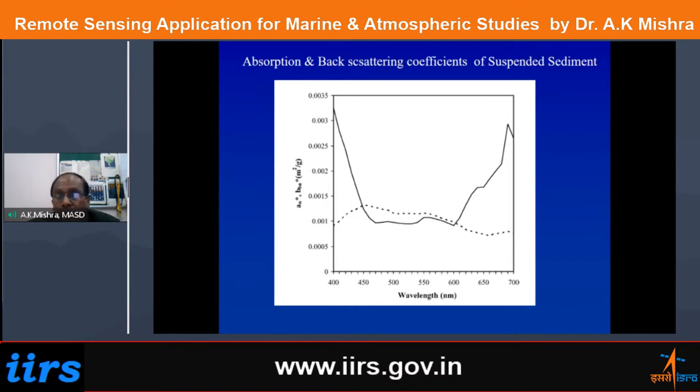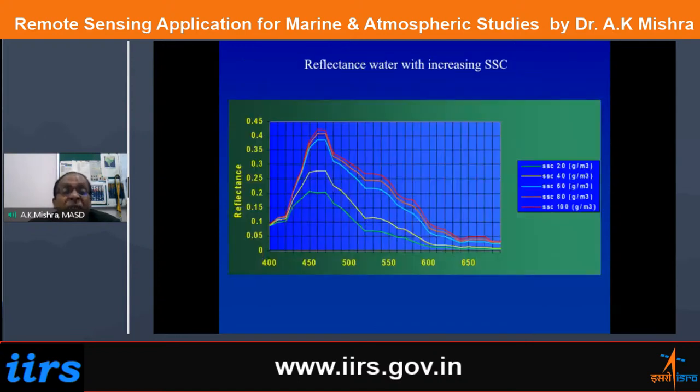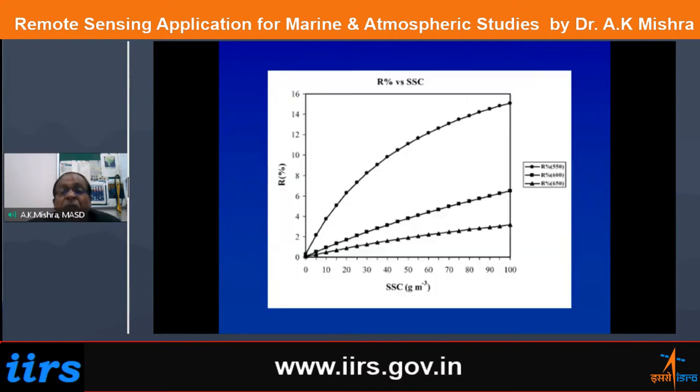When you add sediment to the water, you will get reflectance spectra for varying suspended sediment concentration. So if you have different satellite bands, you can directly relate the reflectance to the suspended sediment concentration.